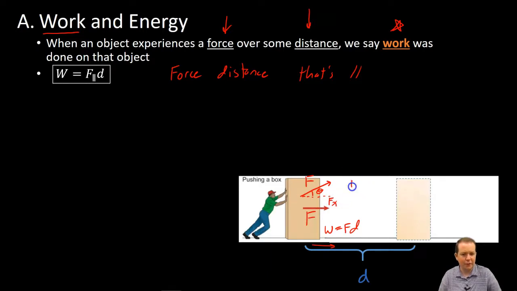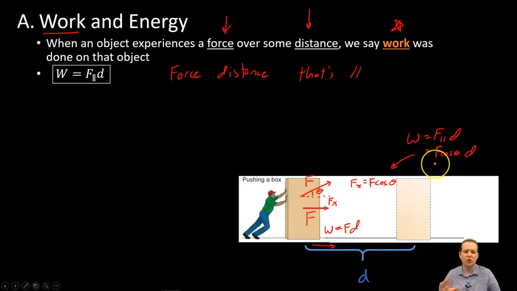In this example, Fx, this piece that is parallel to the displacement, if you remember your trigonometry, would be F times the cosine of theta. So to calculate the work for this force acting at an angle, work is equal to force parallel times displacement. In this example, that would be F cosine theta times d. So still a little bit of trig, but you're going to find in this unit, trig is getting less and less important. We're not going to be doing it as much.